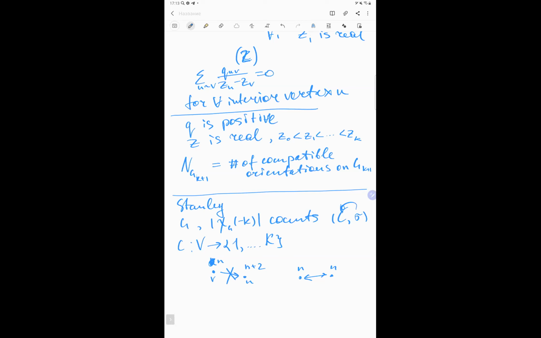Понятно. Значит, значение хроматического полинома в точке -2 это количество раскрасок вершин нашего графа в два цвета и количество ациклических ориентаций ребер нашего графа, вершины которого раскрашены в два цвета.